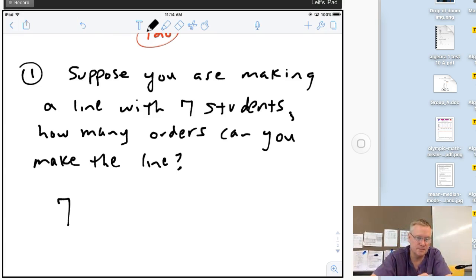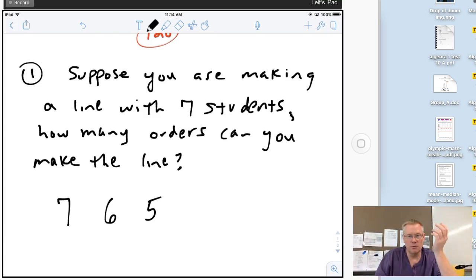Once I figure that out, we're trying to figure out who's second in line, and there's 1 kid that's first, which means there are 6 kids that could be next in line. And now I've figured out who's first in line, who's second in line, who's third in line comes next, which means there are 5 possibilities left. And of course, you can see where this is going.